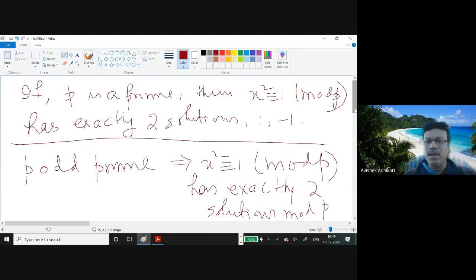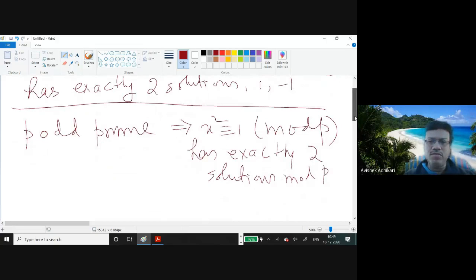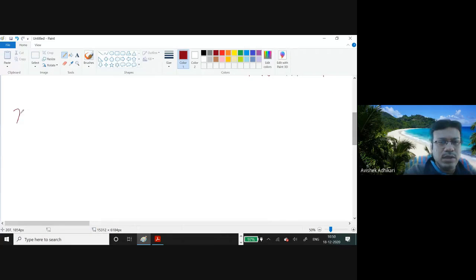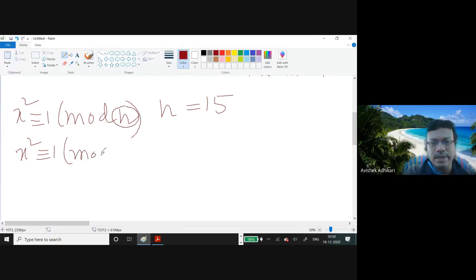Now, if I ask you, is the converse true? That means if I give you x square congruent to 1 modulo n, where n may not be prime, for example, if I consider n to be 15, how many solutions does this have?